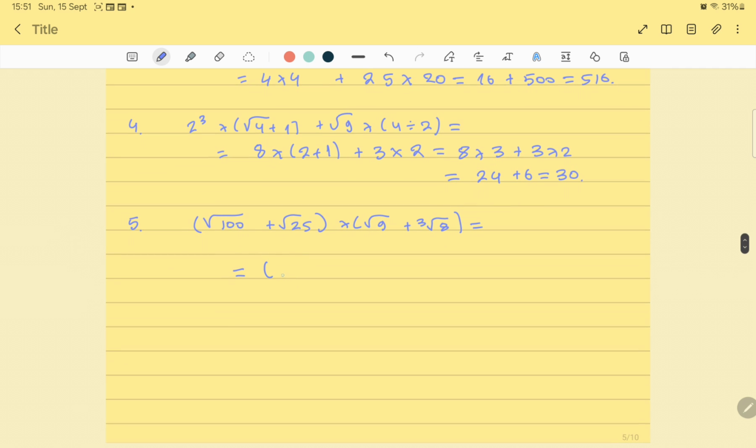Square root of 100 is 10, plus square root of 25 is 5, times square root of 9 is 3, plus the cubic root of 8 is 2. So this is 15 times 5 and this is 75.